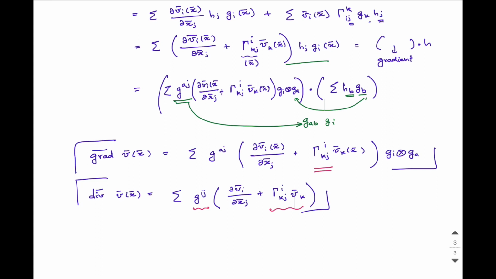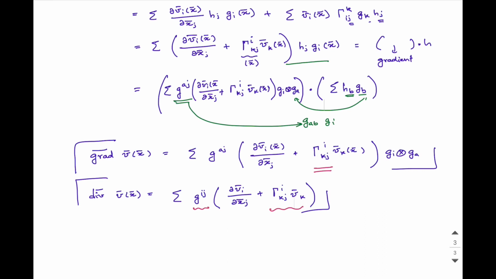This is why you might have seen expressions for the gradient and divergence in cylindrical or spherical coordinates that often have a very non-trivial form. That is mainly because the basis vectors of the tangent space at each point vary as a function of x bar. That's essentially the idea. Everything follows from that.